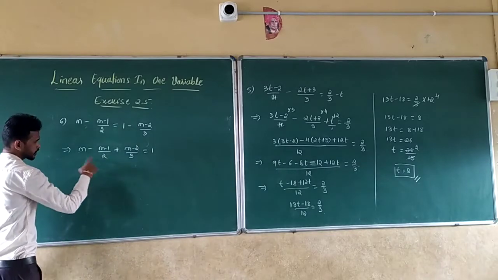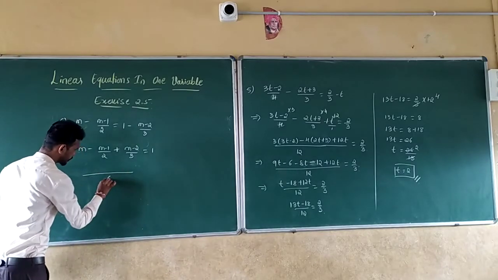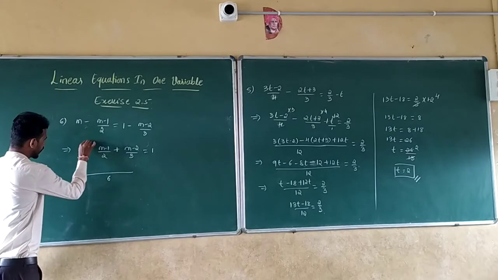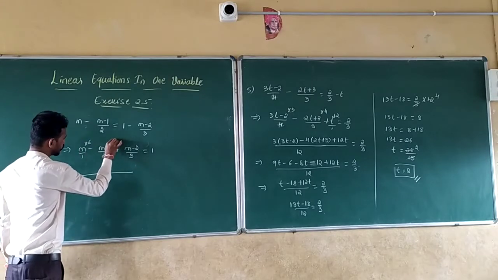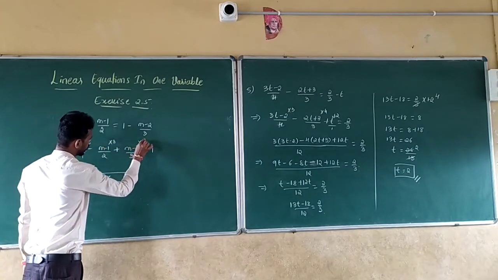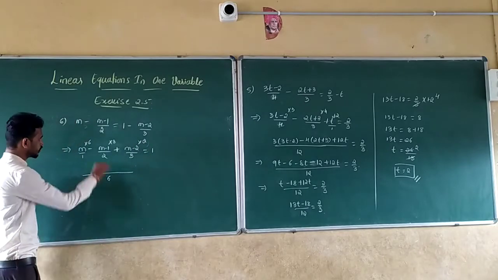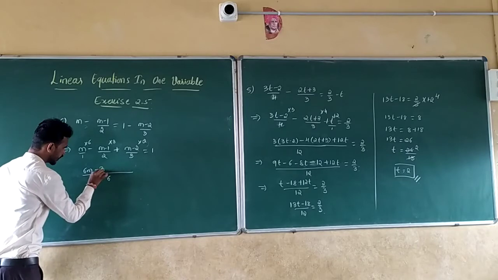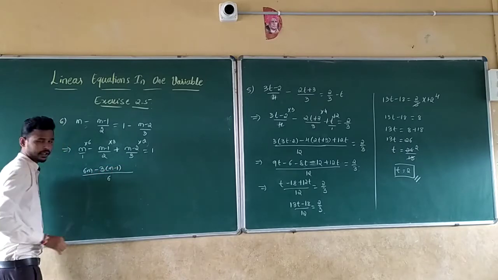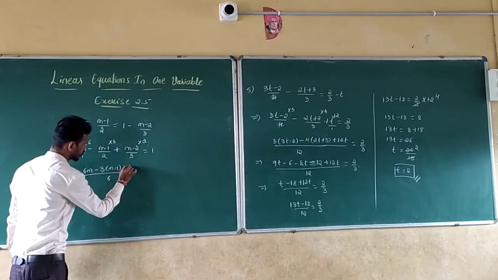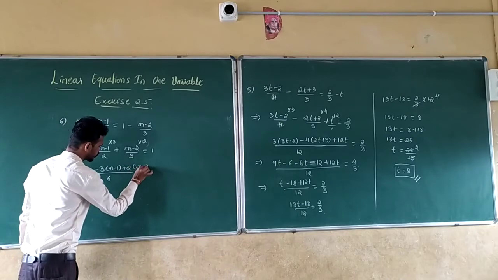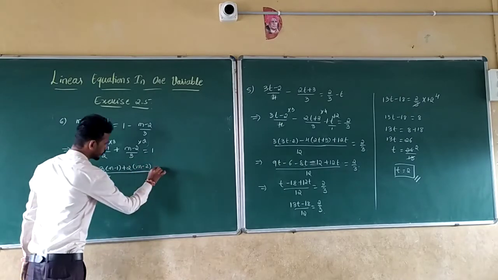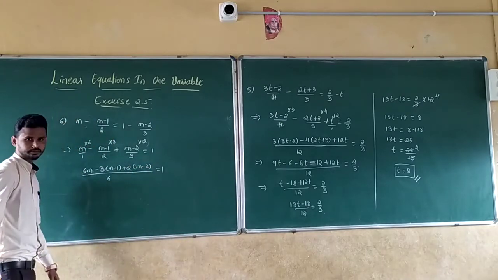So now what is the LCM of 2 and 3? 6. So here it is now 1 6 are 6, 2 3s are 6, 3 2s are 6. So m into 6, 6m minus 3 into bracket m minus 1 plus 2 into bracket m minus 2, which is equals to 1.